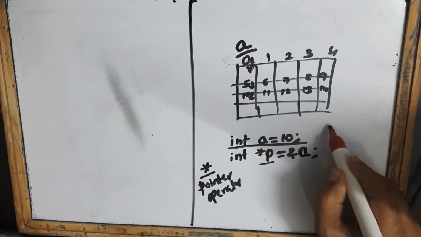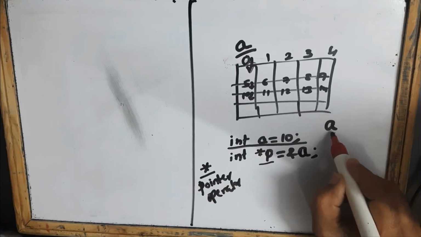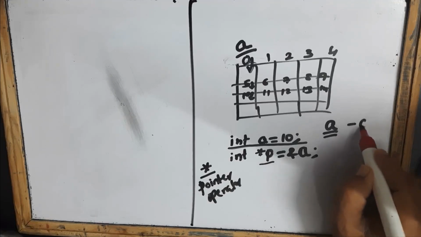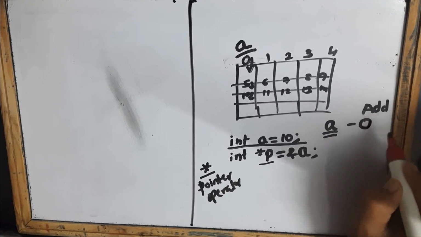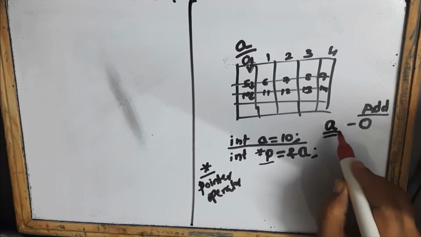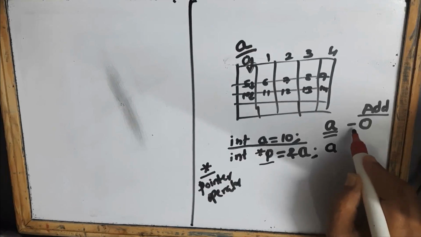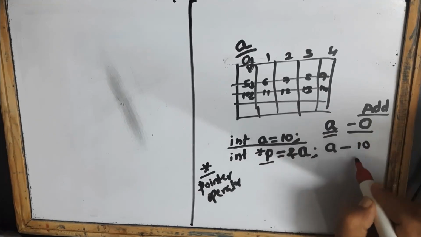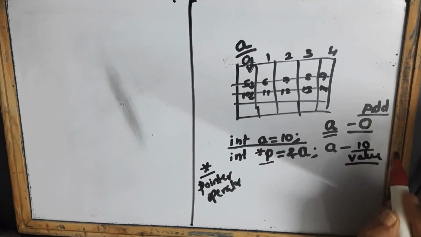That means A is referencing 0. This is the address, and the value we stored is 10. We call it the value.